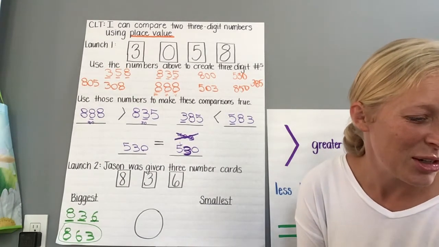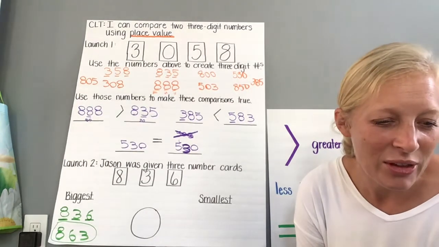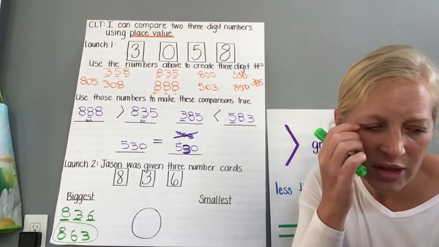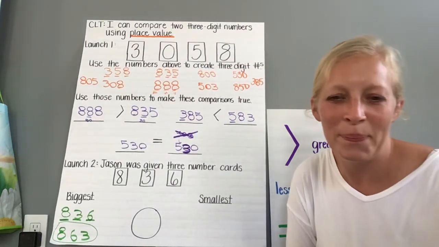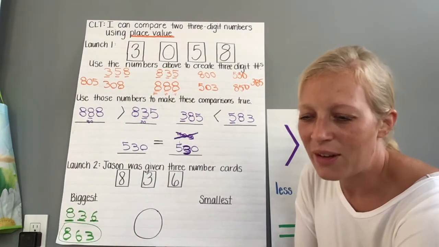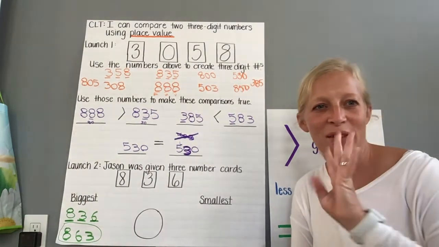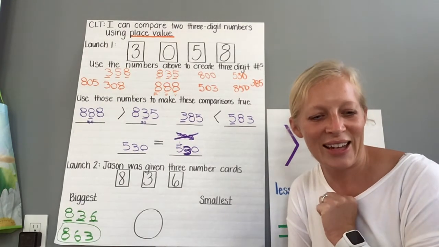What number are you putting in your tens place? How much is it worth? Why didn't you put the 8 in there? Coming together in 5, 4, 3, 2, 1, and done.